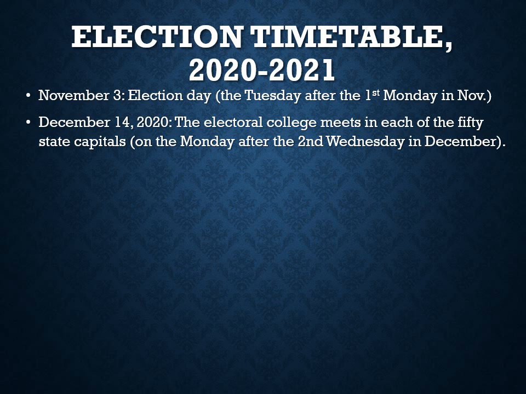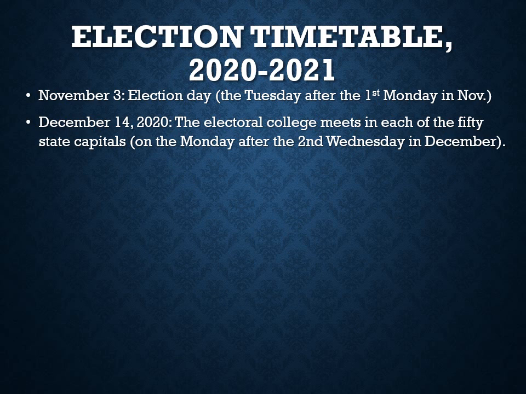Then, on the Monday after the second Wednesday in December, the Electoral College meets, but they meet in each one of the 50 state capitals. So remember, there's a whole slate of electors that is pledged to vote for Joe Biden, and another slate of electors that is pledged to vote for Donald Trump. That is true in all the 50 states.